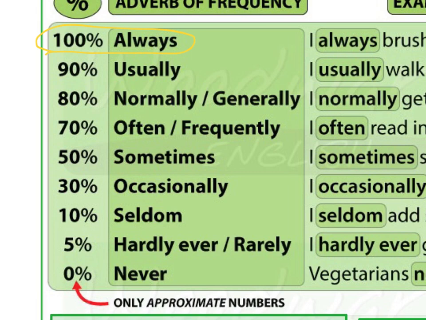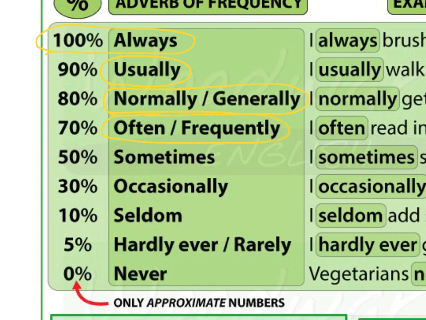If it's almost always, most of the time, we say usually. A little bit less than that, again most of the time, we would say normally or generally. Also, most of the time, these are all very close, almost the same, we would say often or frequently.